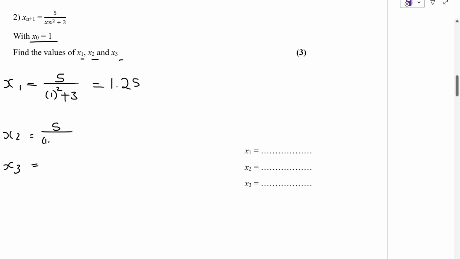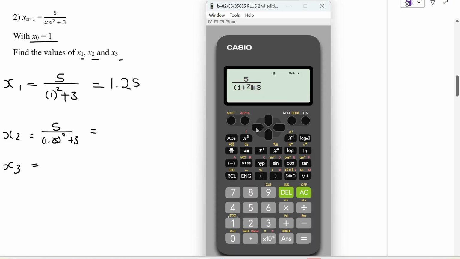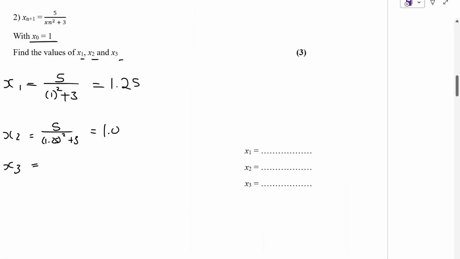x2, again everything the same, we're only changing this value for x. Last one now.